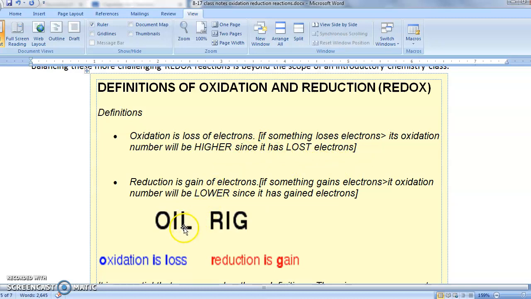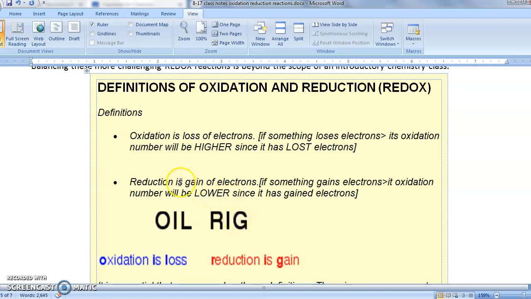Sometimes the mnemonic device for remembering that is OIL. Oxidation is loss. Reduction is the gain of electrons. If an atom or substance gains electrons, its oxidation number will go down because it's gained something negative. So reduction is gain of electrons.